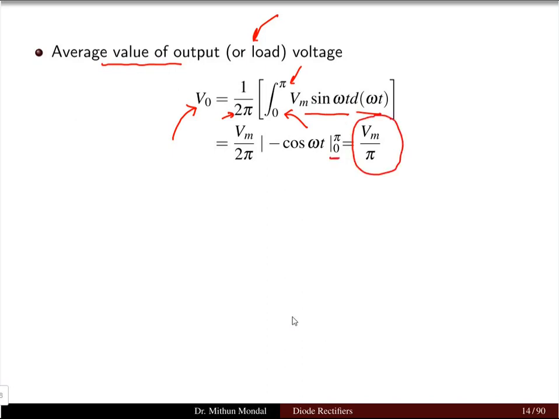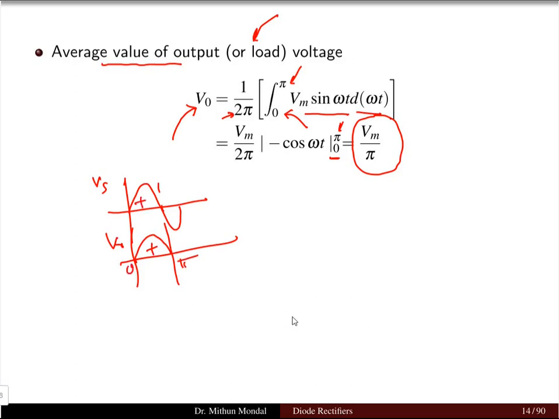We put the appropriate limit from 0 to pi, because pi is the conduction period, for one half cycle. So when we have the one half cycle of the input, here we have Vs, it is conducting only for one half. So this is the output voltage we have. So it is 0 to pi.